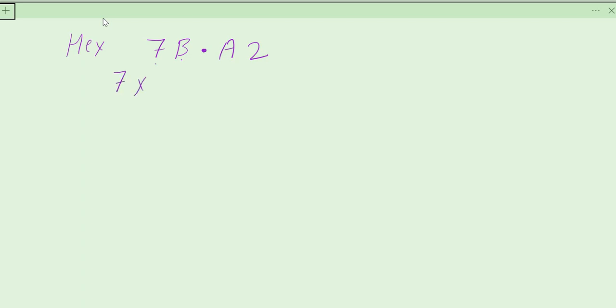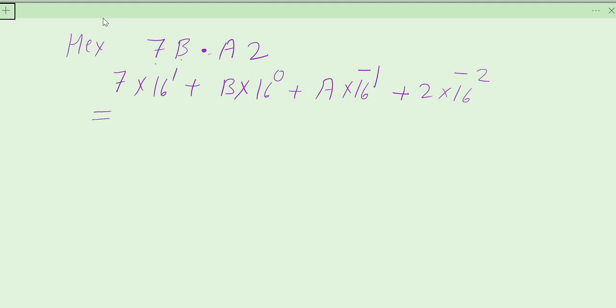So 7 into 16 raised to 1 plus B into 16 raised to 0 plus A into 16 raised to minus 1 because it is after the decimal point, plus 2 into 16 raised to minus 2. So what we get here is 7 into 16, this number, plus B. A is 10, B is 11. 11 into 16. A is 10.